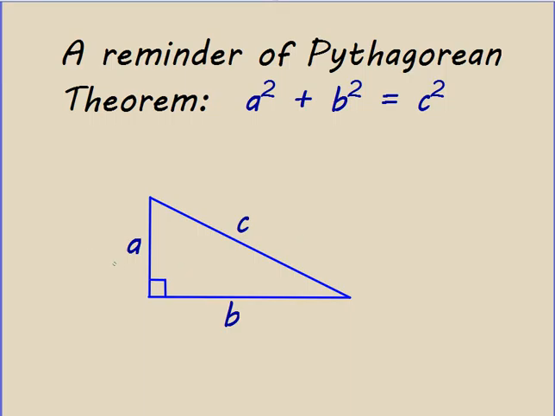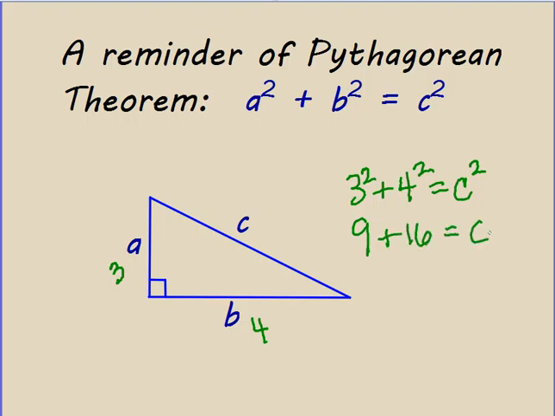So very quickly, if A was 3 and B was 4, and I need to know C, I can say that 3 squared plus 4 squared equals C squared. So I have 9 and 16. Combining like terms gives me 25 equals C squared.